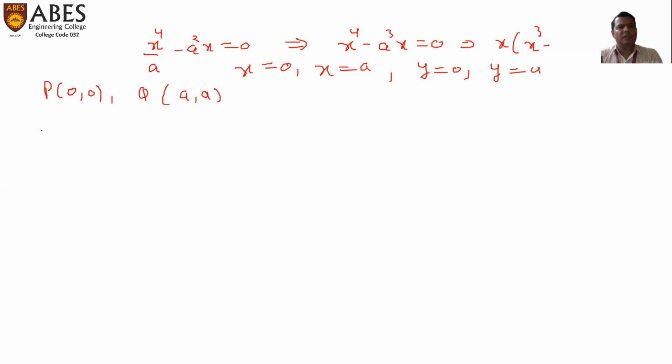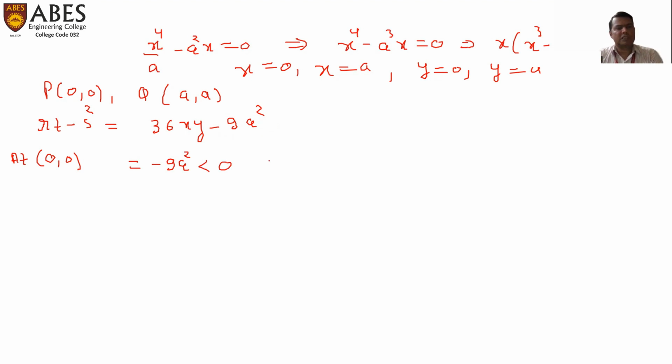Now we calculate RT minus S square, which is 36xy minus 9a square. So at 0, 0, the RT minus S square equals minus 9a square, which is less than 0.